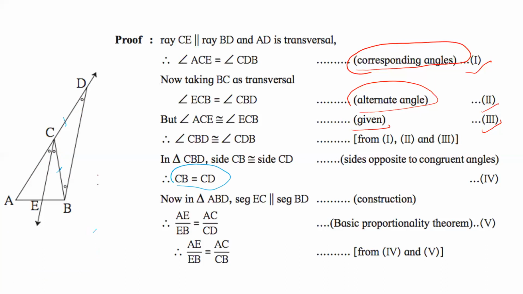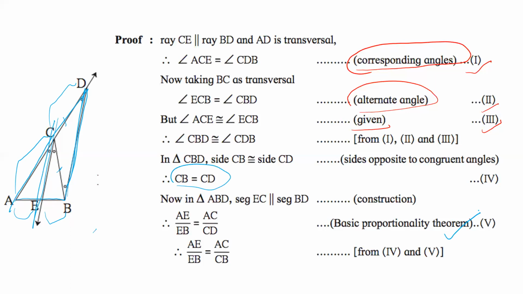Now, if you look at this triangle as a whole, we have this parallel to this. By BPT theorem, AE upon EB is equal to AC upon CD. In case you do not know the BPT theorem, watch my previous video on the basic proportionality theorem. And that's what we've just got from the basic proportionality theorem.